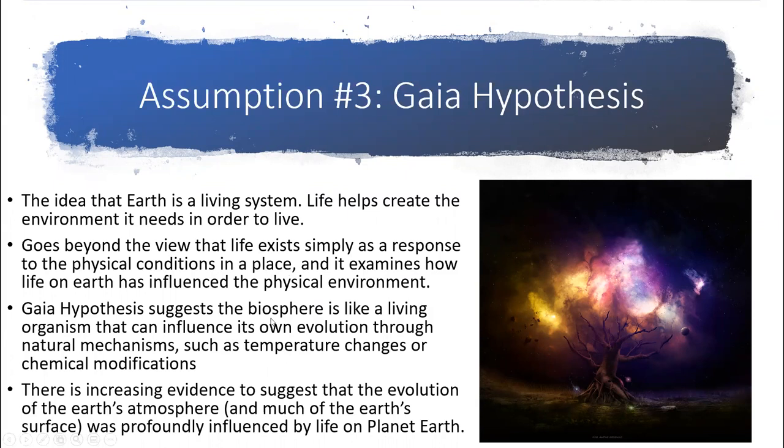Gaia hypothesis suggests that the biosphere is like a living organism that can influence its own evolution through natural mechanisms such as temperature change or chemical modification. So really, when we say everything is linked together, that's what we mean. That's exactly what we mean. There's increasing evidence to suggest that the Earth's atmosphere and much of the Earth's surface was profoundly influenced by life on planet Earth.